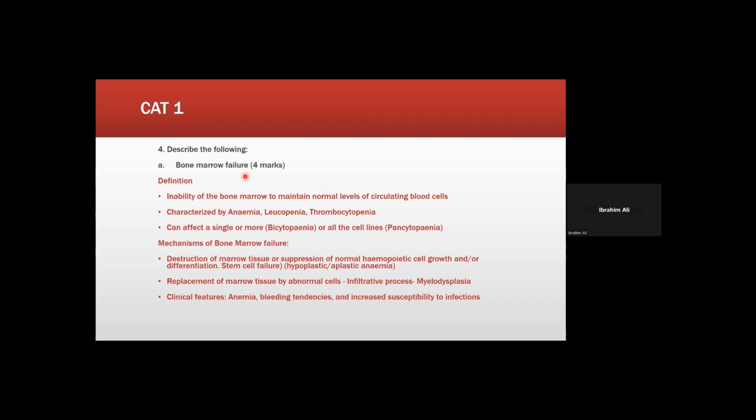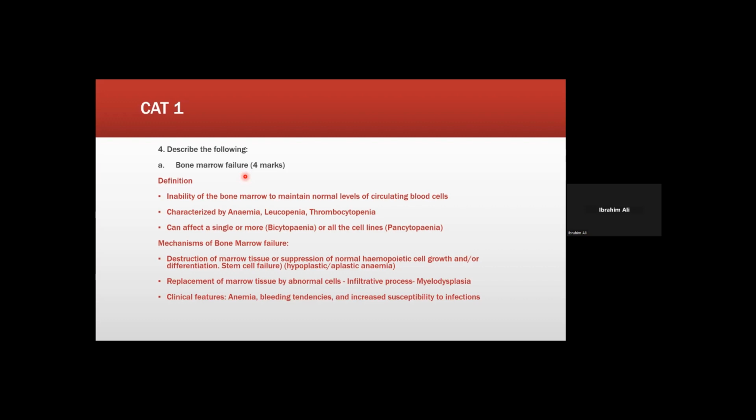Chemotherapies can also cause it, which is the same as anti-cancer drugs. When your hemopoietic cells are very low or not there, you have what we call hypocellular marrow, meaning your bone marrow has low cells.